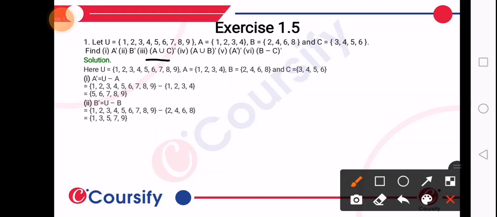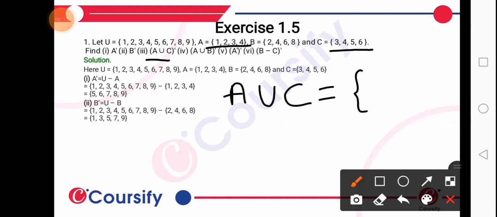So first we find A union C. Over here we have set A, and over here we have set C. In set A we have 1, 2, 3, 4, and in set C we have 3, 4, 5, and 6.